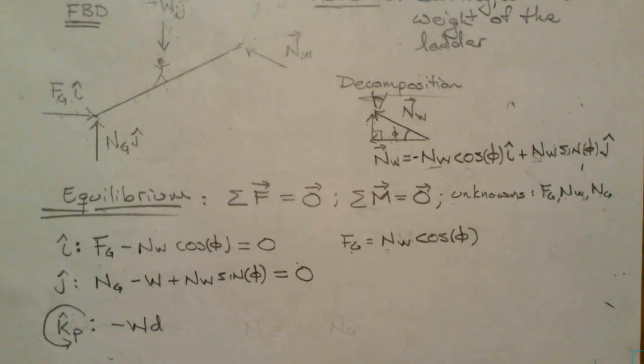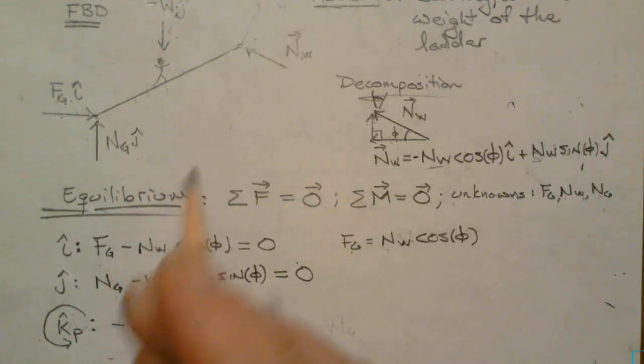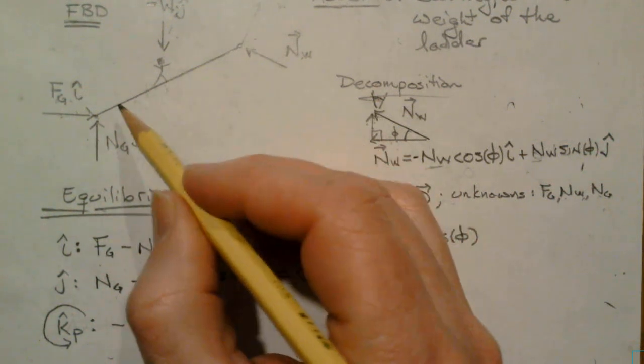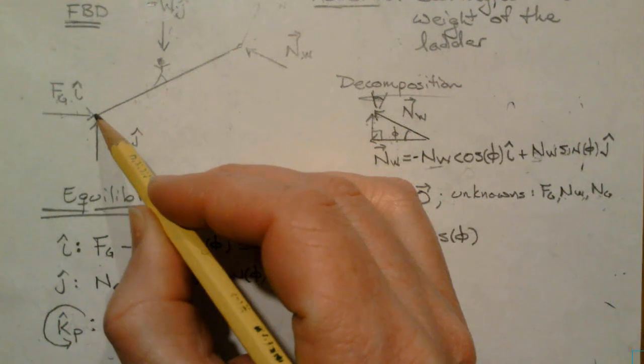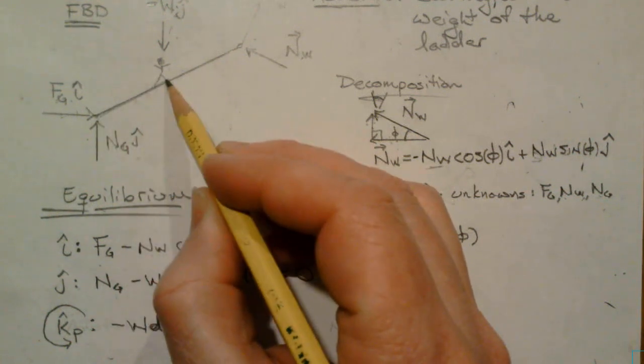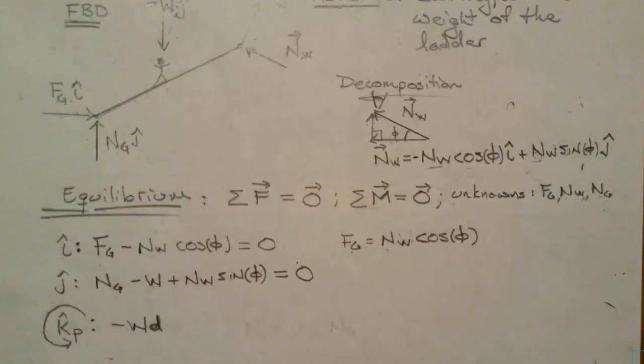Got to be careful. This is not right. Do you see that it's not right? Because the offset from point P right here would be this distance right there. That distance is d. But this direction, how do I do this?